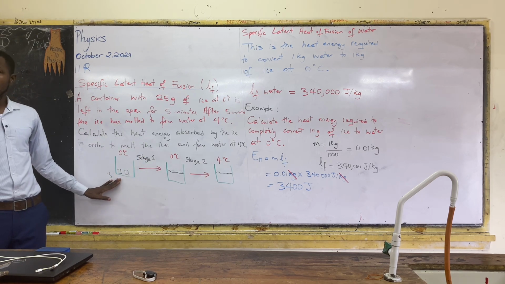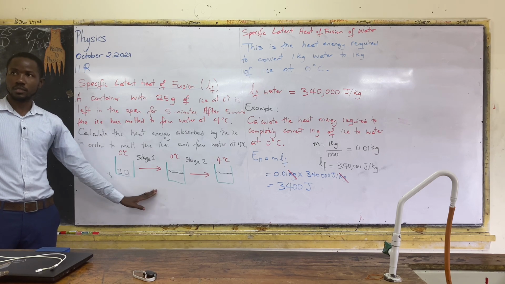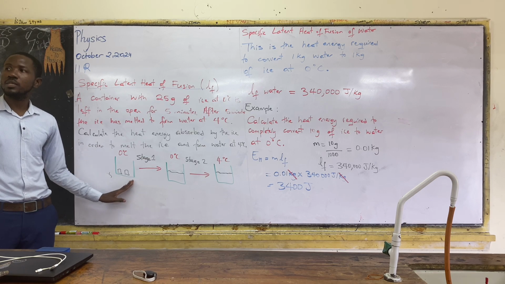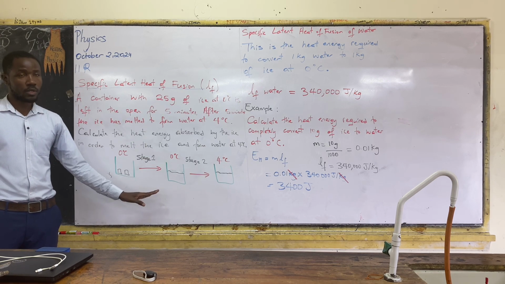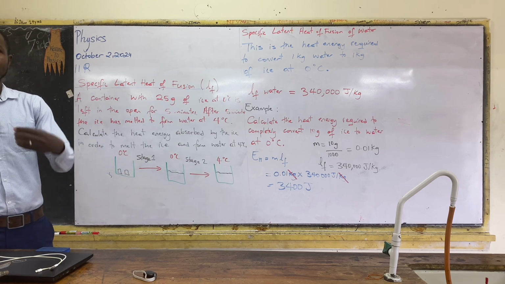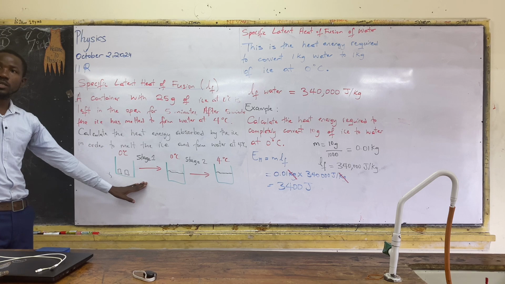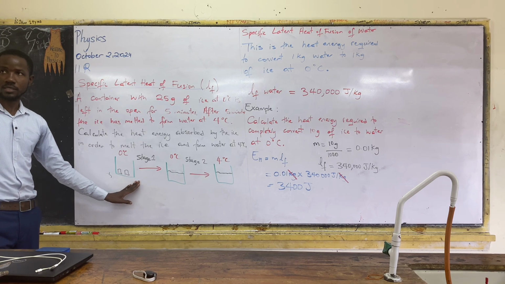So in this case, because we go from a solid to a liquid, there's a change of phase, right? So we can talk about the energy that is associated with this change of phase, from solid to liquid. So that's going to be a latent heat of fusion. So the energy right here is going to be related to the specific latent heat of fusion of this substance, which is the ice.